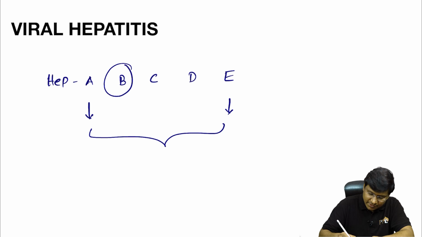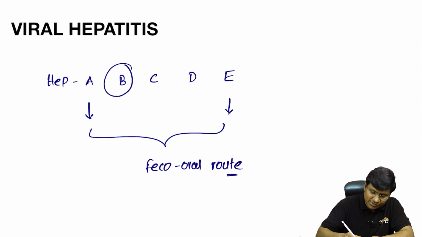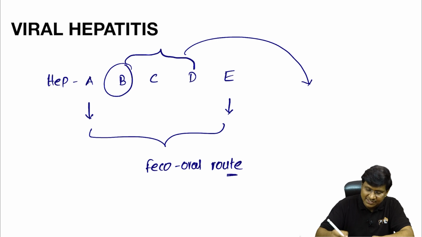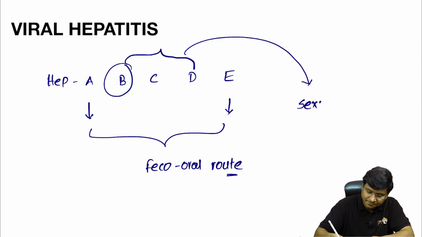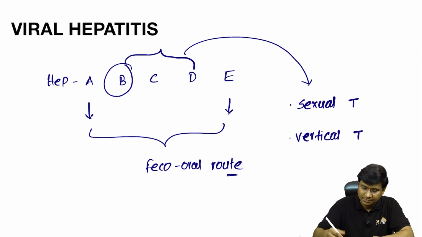Hepatitis A and hepatitis E, these two, the route of transmission is the fecal-oral route. Whereas hepatitis B, C and D, the routes of transmission are sexual transmission, vertical transmission, and parenteral transmission.